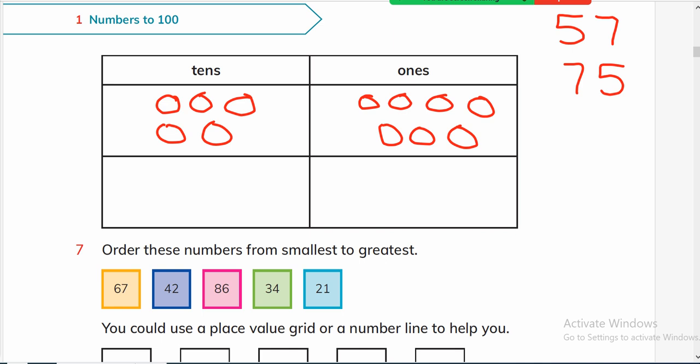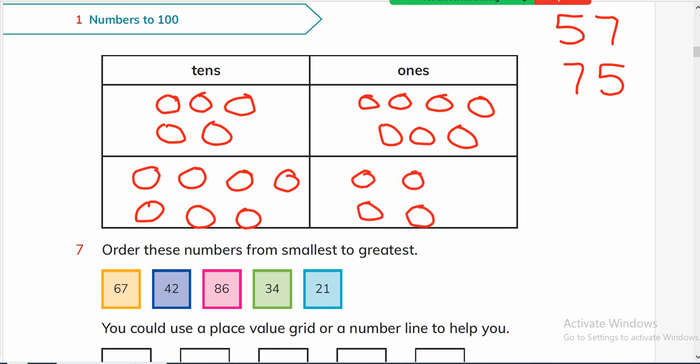And for 75, we will write 1, 2, 3, 4, 5, 6, 7, and 1, 2, 3, 4, 5. If we write them in sequence, like if we make pairs, then counting becomes easier.